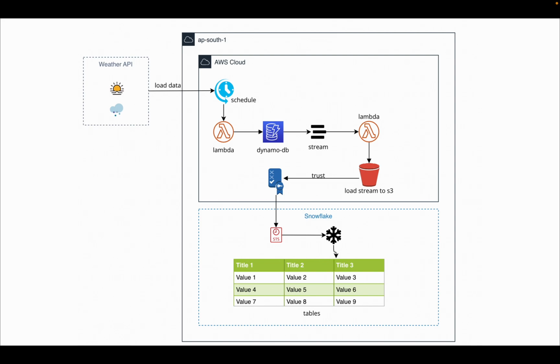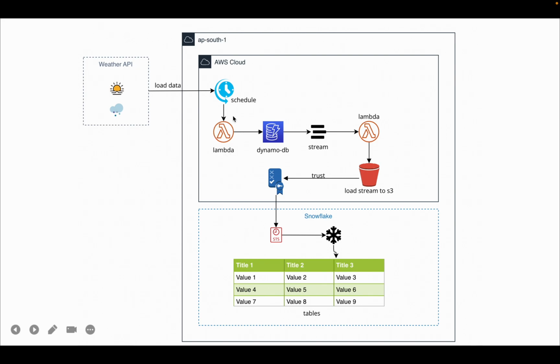So let's walk through every point once again. We created a weather API account wherein we got an API key that helped us write a Python script that will fetch data from the weather API. Next, we created an EventBridge schedule that will trigger our Lambda function every 1 hour.